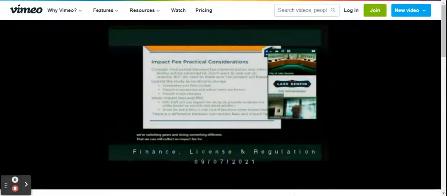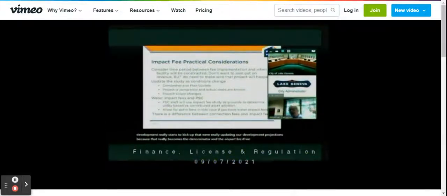The other thing that I would say, from dealing with communities over the last several years, is make sure that you update your impact fee study as conditions change. If you have, say, an update to your comprehensive plan, if we go through another recession, or conversely, if development really starts to kick up, that we're updating our development projections, because that really becomes the denominator in the impact fee.